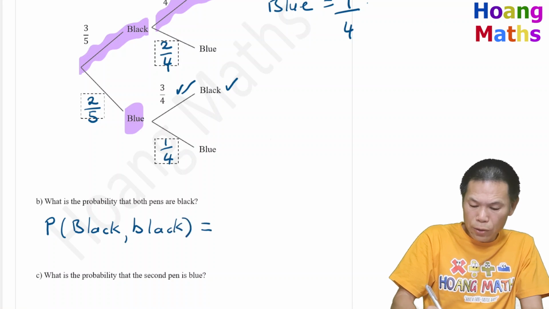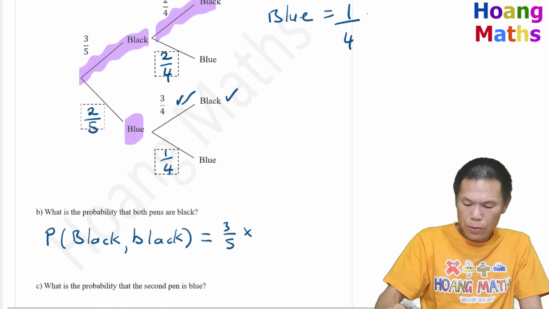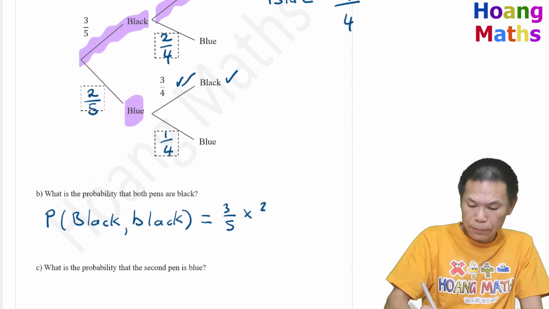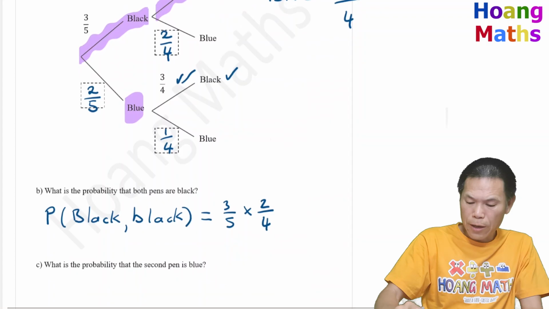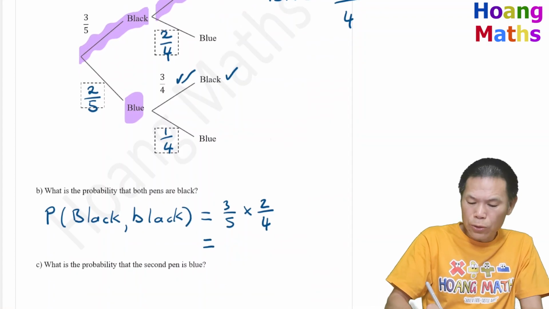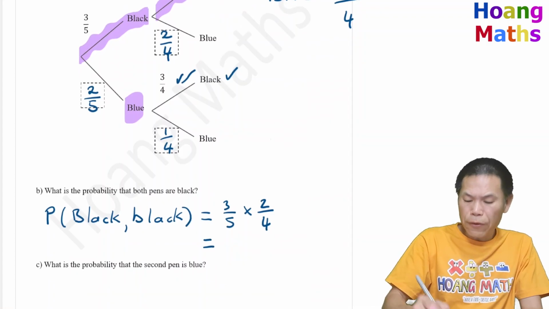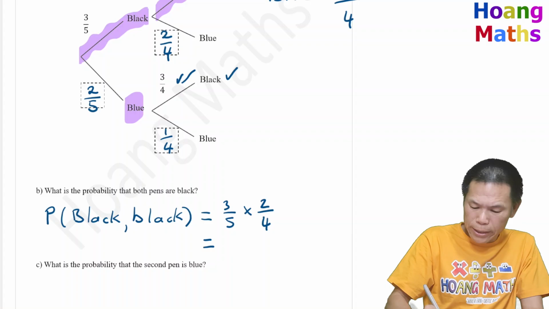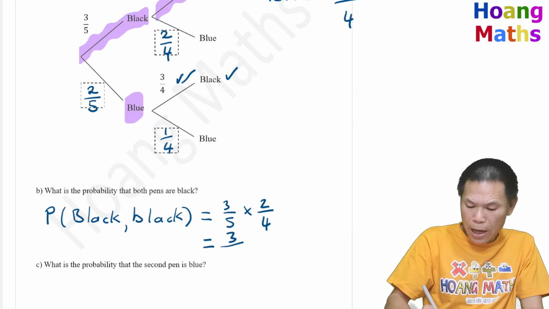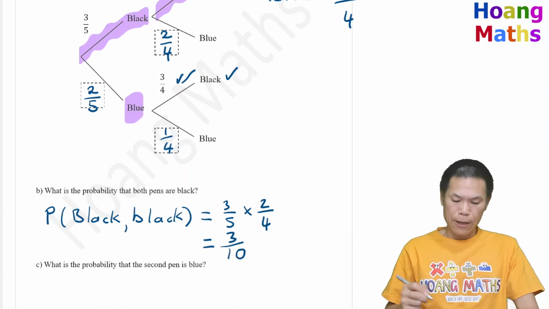That is 3/5. We times a half, or 2/4. Yep. So that is equal to, we just go 3/5 times a half, give me 3/10. Otherwise, just put it on a calculator.